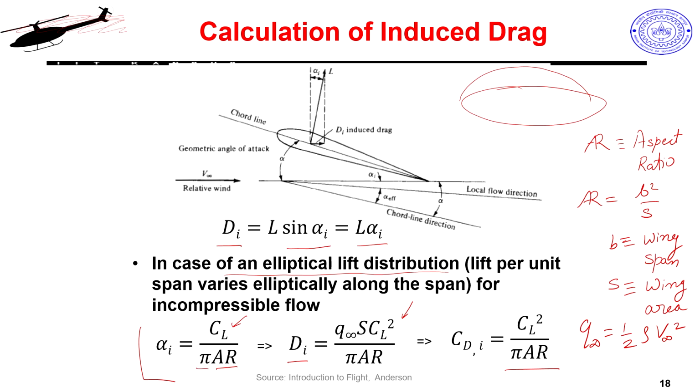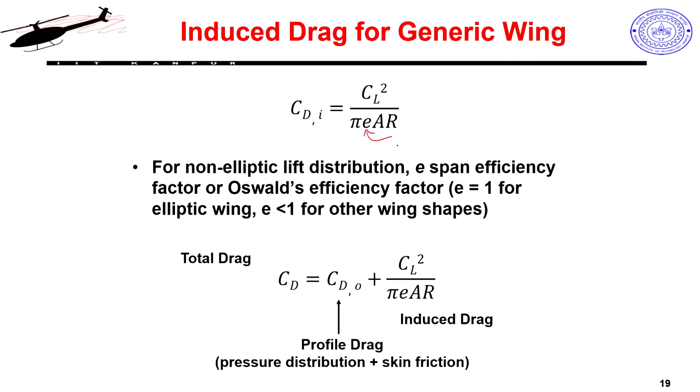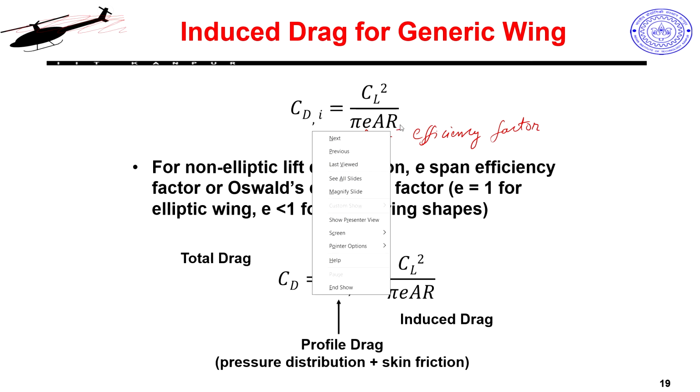But in the real world you will not have elliptic planforms, and therefore, you will not have exactly elliptic distributions. So, there is a small correction that we make, and we introduce this new parameter called the span factor or span efficiency factor or Ostwald's efficiency factor. So, this is the efficiency factor, e. My C D I is equal to C L square by pi e into aspect ratio, where AR is the aspect ratio.